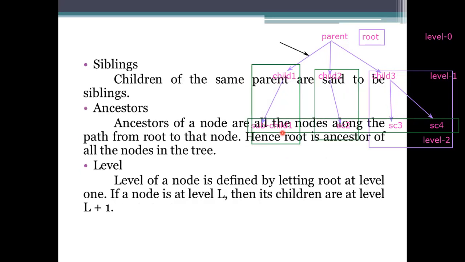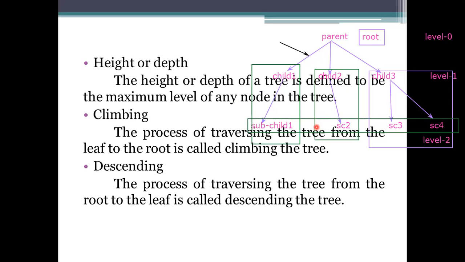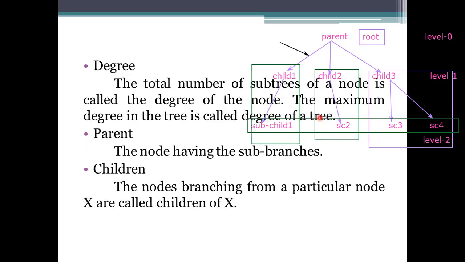Okay. Siblings. In this representation, it is clear that this child does not have any sibling, and this child also does not have any sibling, so this one has a sibling, which is SC4. And at this level, child 1 has the siblings child 2 and child 3.